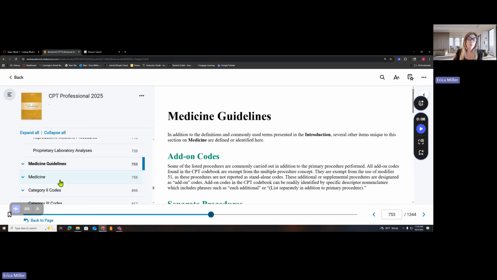Okay. The next big section of your CPT manual is going to be your medicine section. Medicine, I want you to think therapy. So think about, like, if you're not feeling well and you have to take some cough medicine, right? That's therapeutic, and isn't invasive. So let's get into your medicine section.